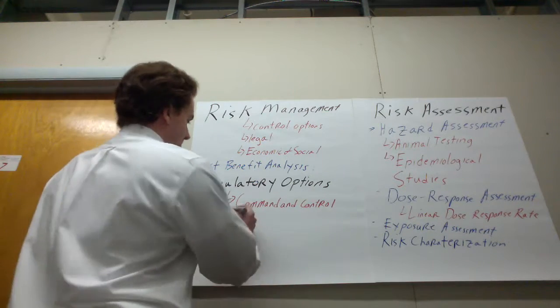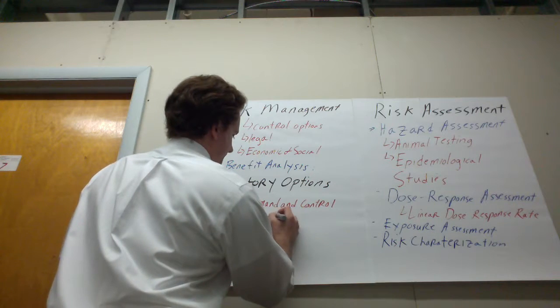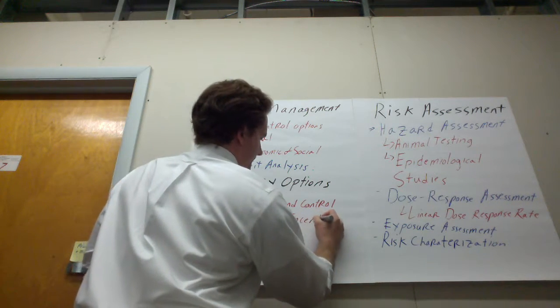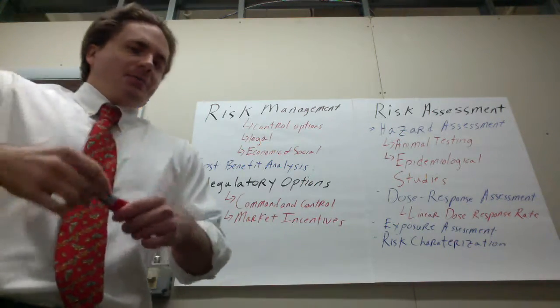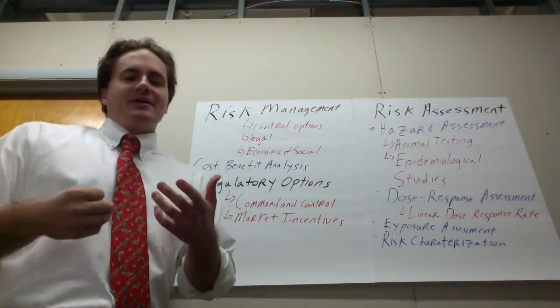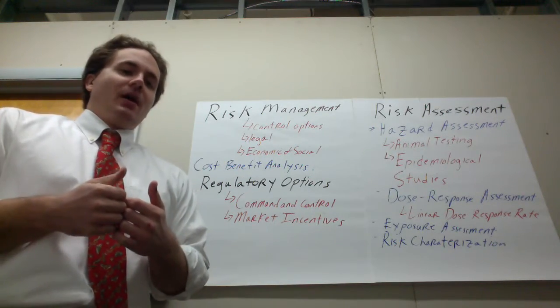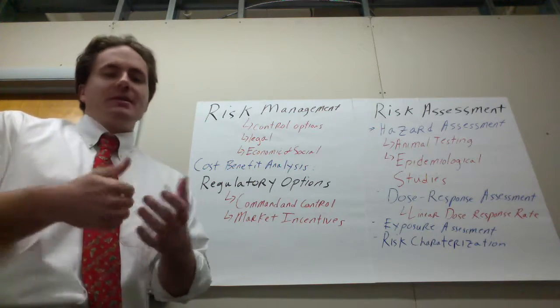Now we also have market incentives. And market incentives are pretty good because they can allow a company to decide how to meet a limit on pollution or environmental degradation. And some of this can be quite simple.